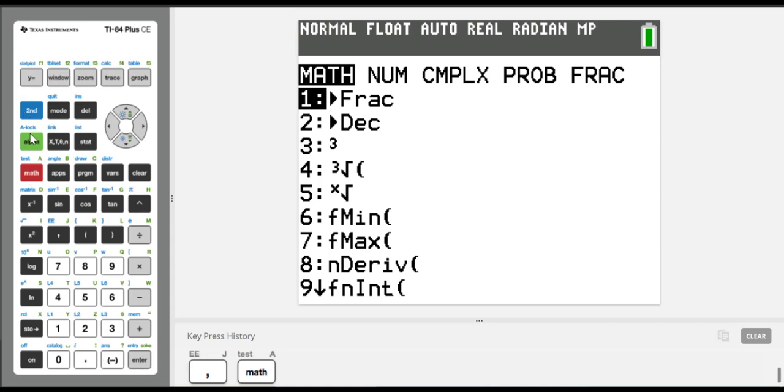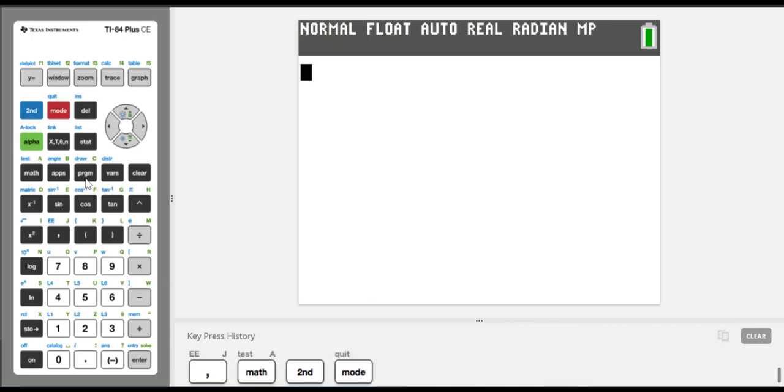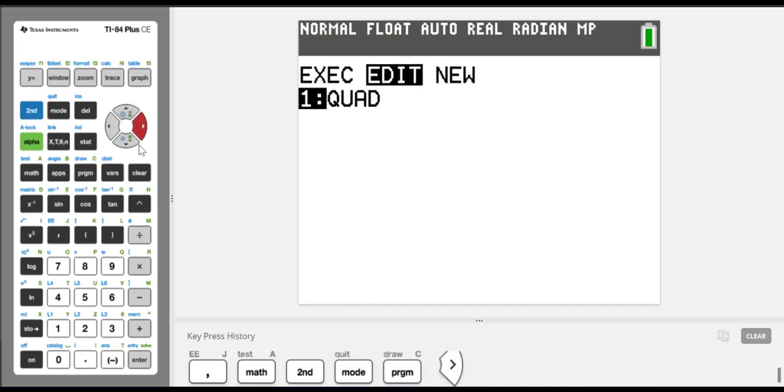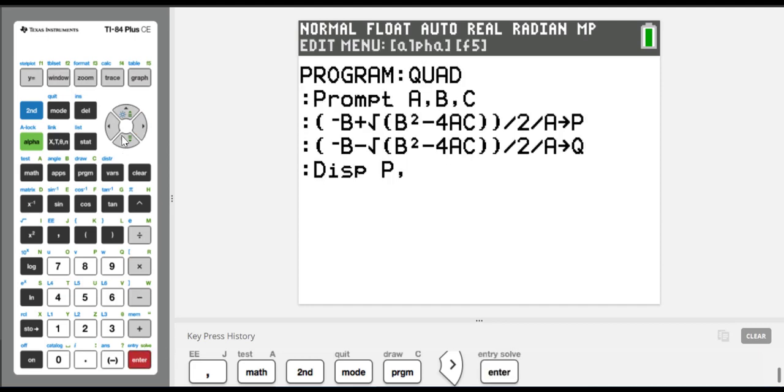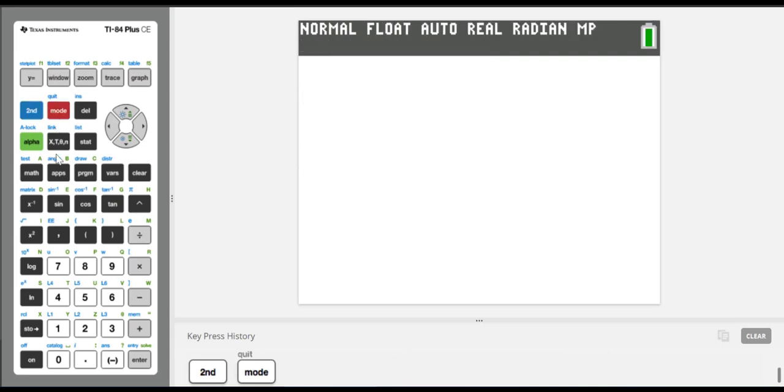What did I hit? I hit a different thing. Second quit. Oh no, what happened? Just go back to program, edit, down. P, alpha, Q. All right, now I can do second quit.